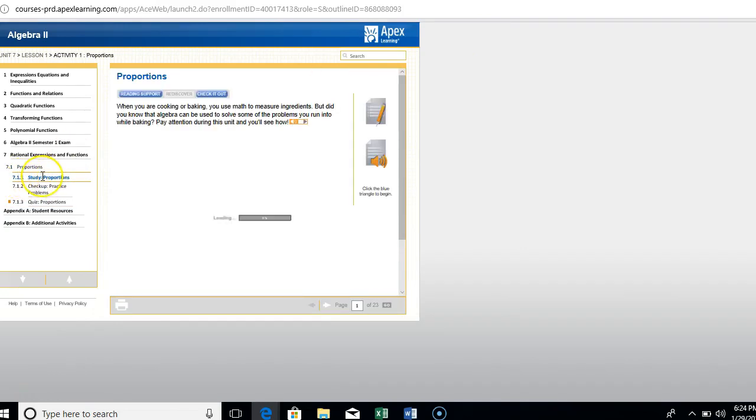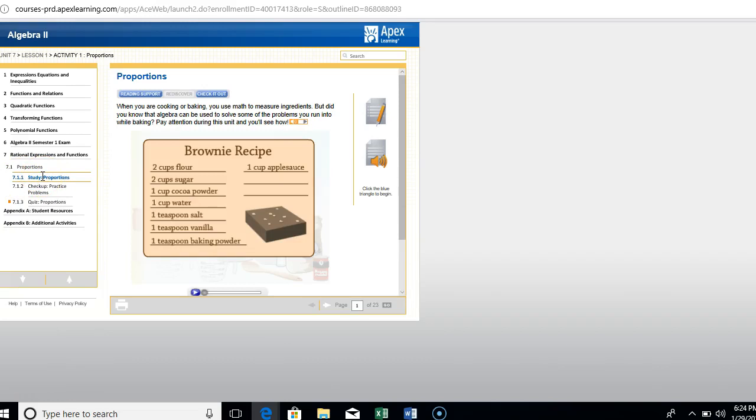The first part of the lesson is called the study. So this is as if you were in a math class in a building and your teacher is teaching you how to do it. So this is your math book going through and explaining the process of the concepts. There's also a lot of built-in practice in here, and it's really important that you do all the practice.